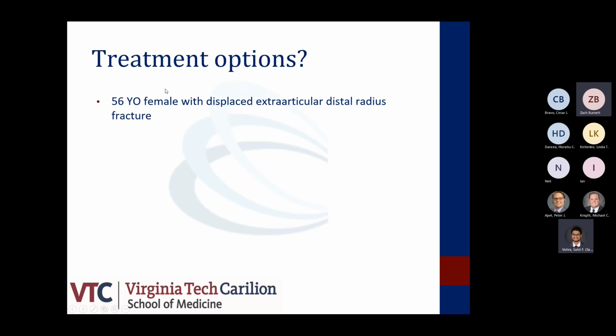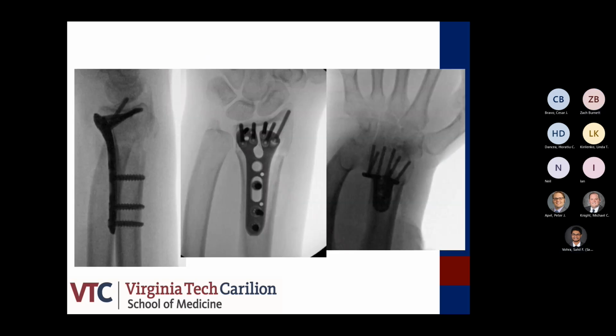So I'll tell you, it didn't look much better after reduction. So with her, we went ahead with open reduction internal fixation, mainly for those reasons. We knew, based on history, that it likely wouldn't stay where it was put. Yep. So this case was a learning one for me.